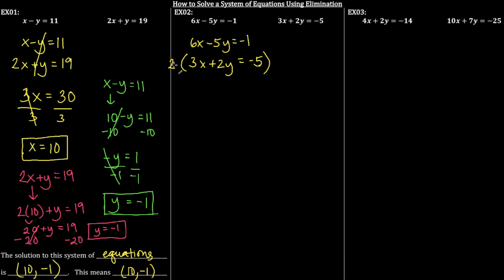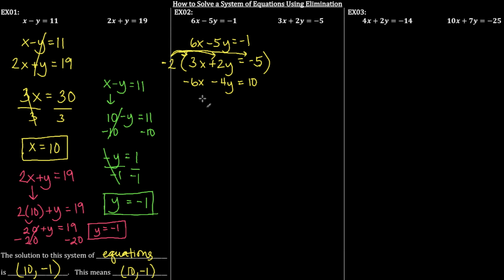So I am going to multiply this by negative 2. So negative 2 times 3x is negative 6x. Negative 2 times positive 2y is minus 4y. And negative 2 times negative 5 gives me positive 10.